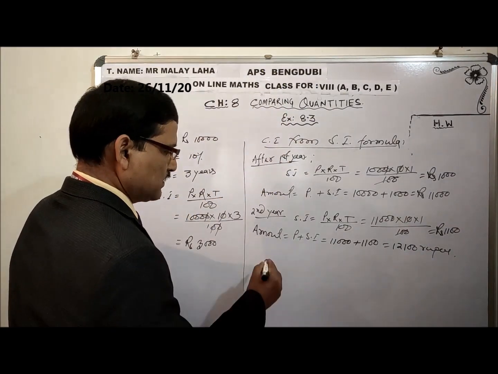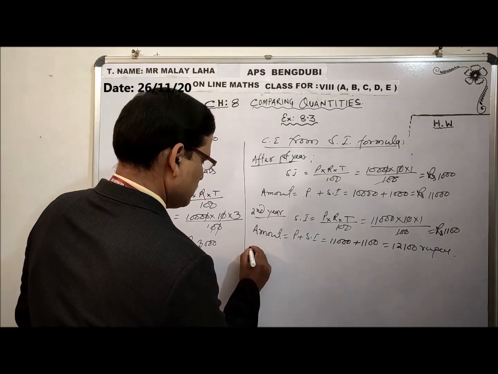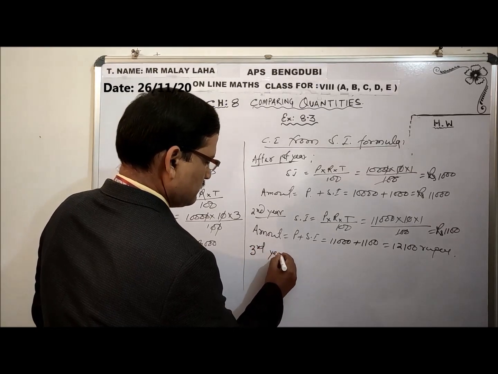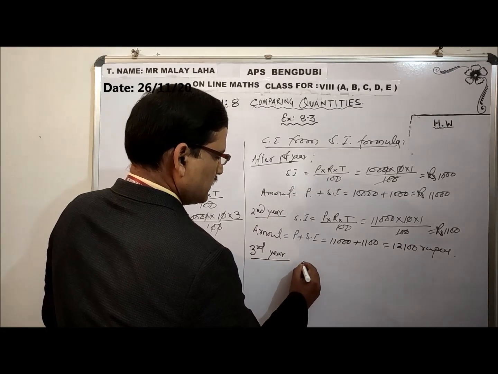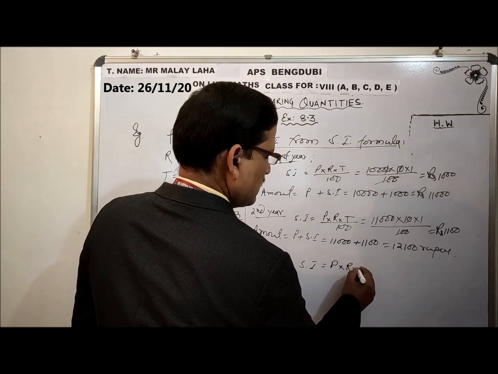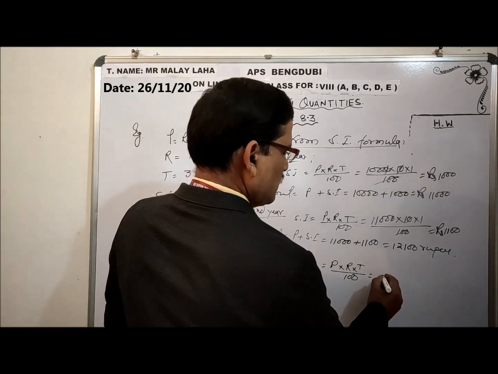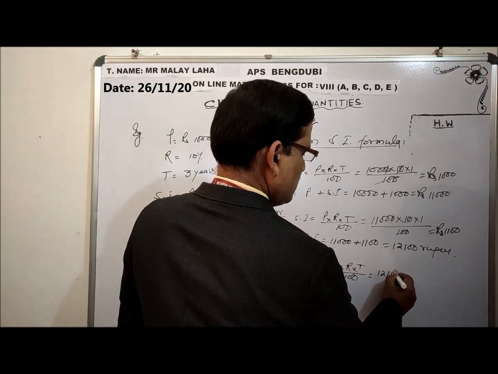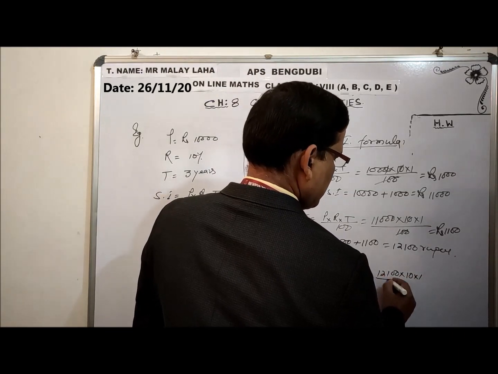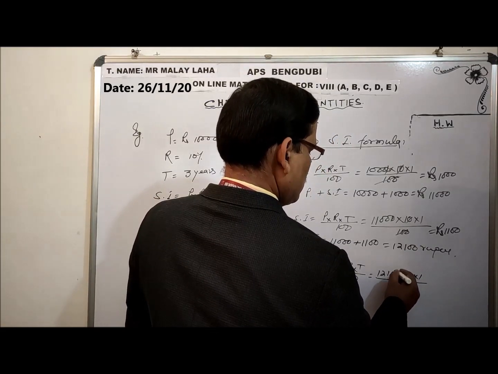So what will happen after the third year? Third year, SI equals PRT by 100. Here the P will be 12,100 into rate of interest 10% and time is 1 year, divided by 100. So this 20 gets cancelled.